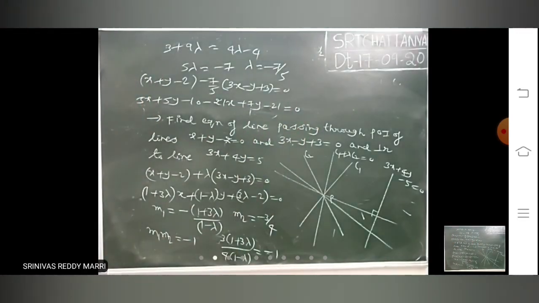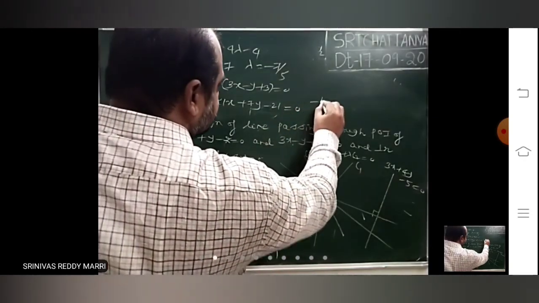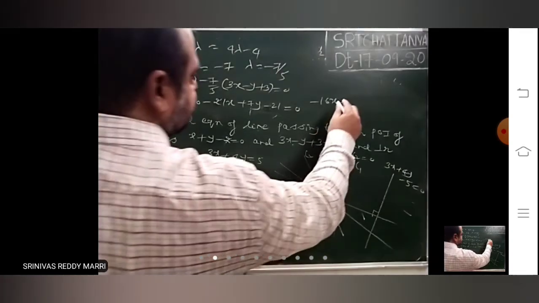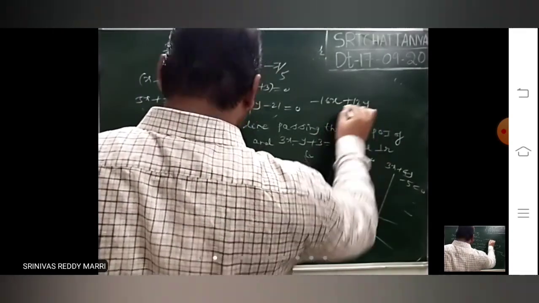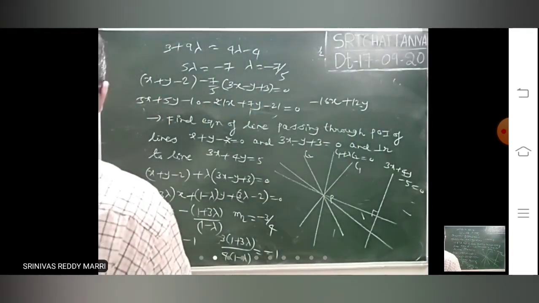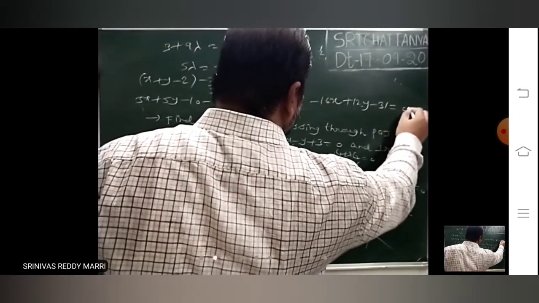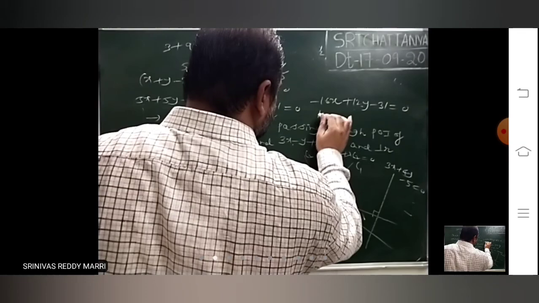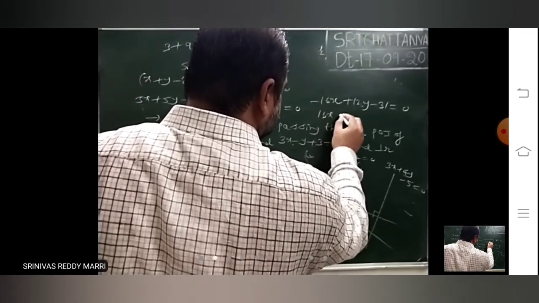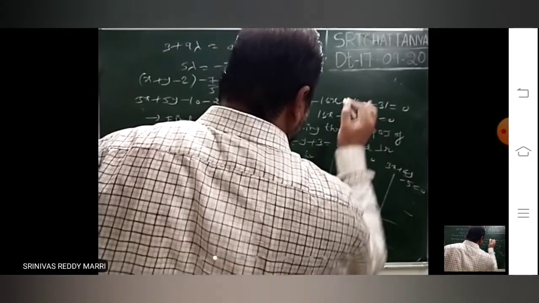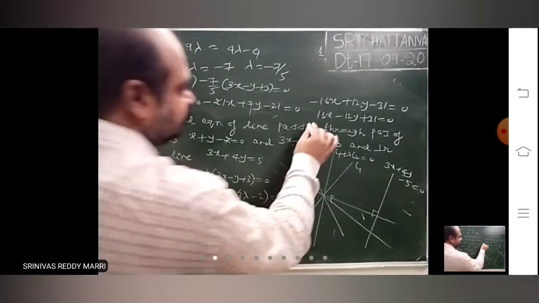That means you will get minus 16x plus 12y minus 31 equal to 0. So 16x minus 12y plus 31 equals 0.